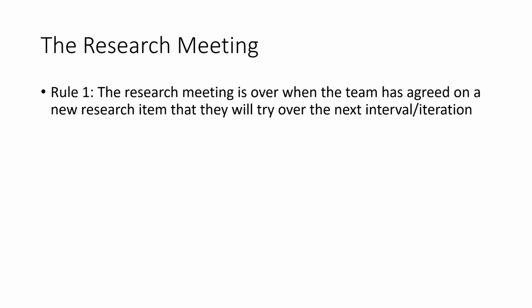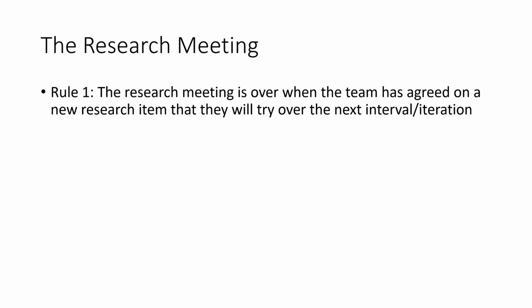So, what are the rules for the meeting? Well, rule 1. The research meeting is over when the team has agreed on a new research item that they will try over the next iteration, an interval or period, however you're structuring your meeting time. Notice that this is tied directly to an end or goal that I care about. My whole goal is that the team is improving their process on an ongoing basis. What is the goal of the meeting?